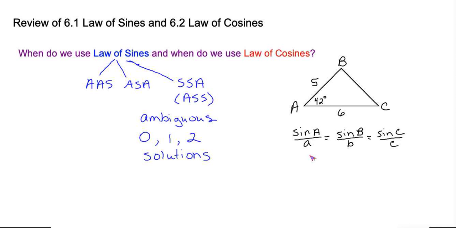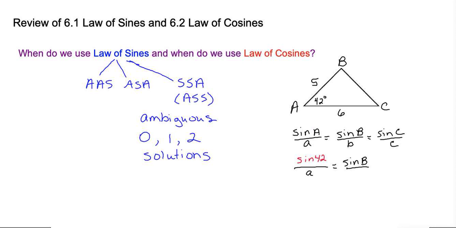When we do that, A is 42, so we know sine of 42. But we don't know the lowercase a, because the lowercase a would be right over here. We don't know what that is. So that would be equal to sine of B, which we do not know, over lowercase b.